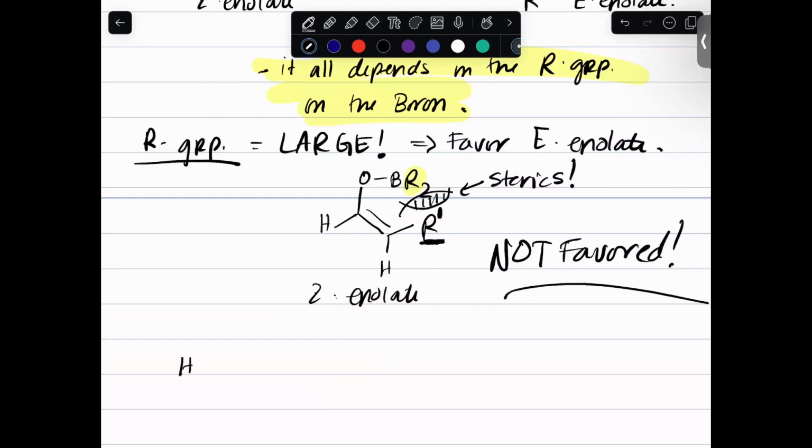And so if you have a large R group and you have the E-enolate, note that your hydrogen atom is the smallest atom on the periodic table, and there is little to no crowding.